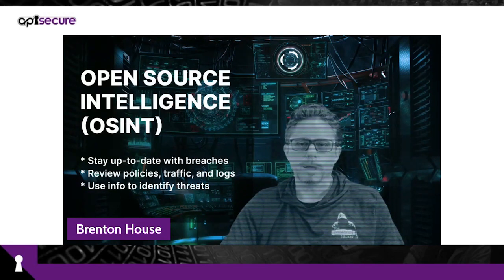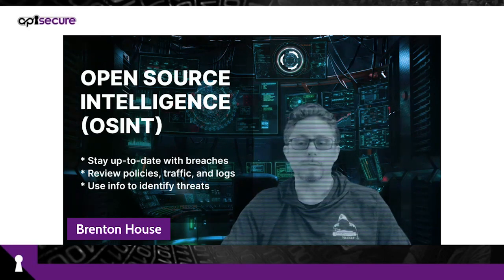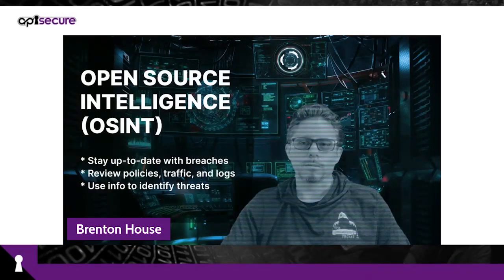Now, API providers should also stay up to date with the latest threat intelligence and breach data, using this information to identify potential risks and vulnerabilities and to prioritize security measures accordingly. So by taking a proactive approach to cybersecurity and staying vigilant against potential threats, API providers can help ensure the security and the integrity of their APIs.